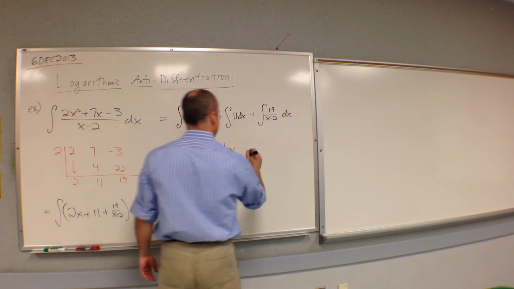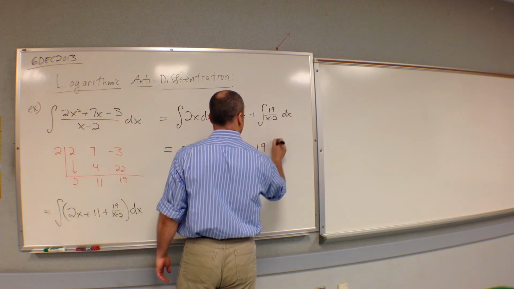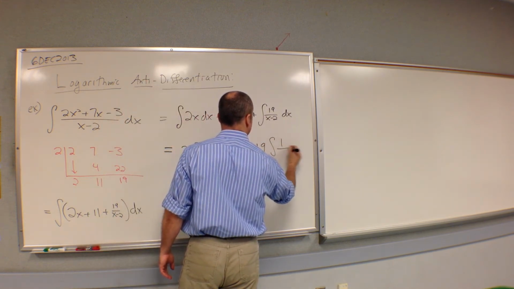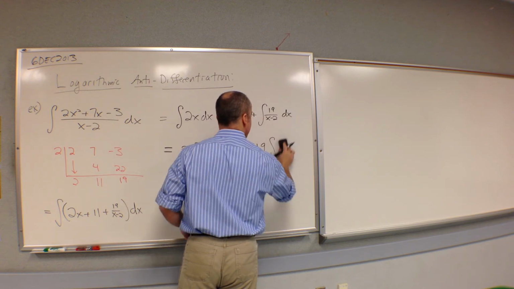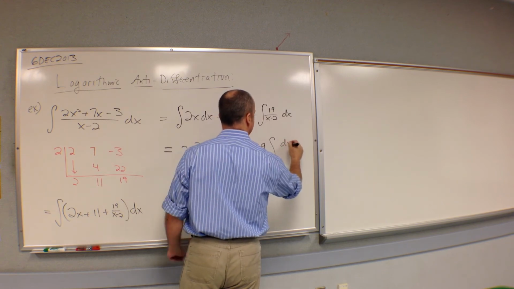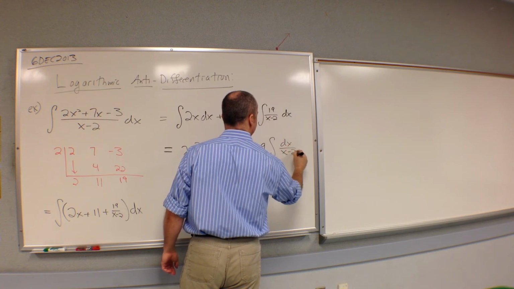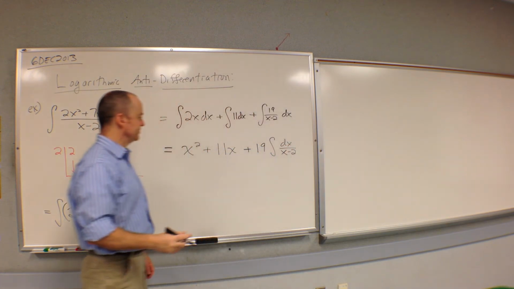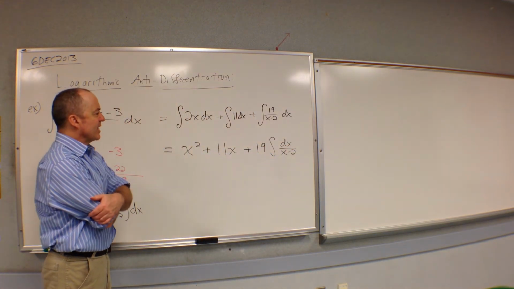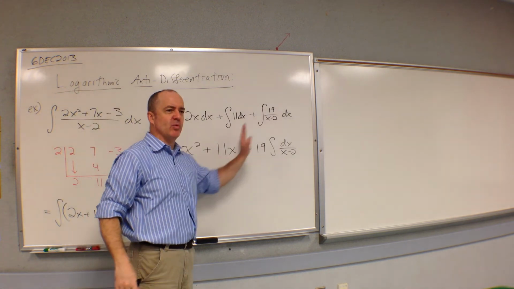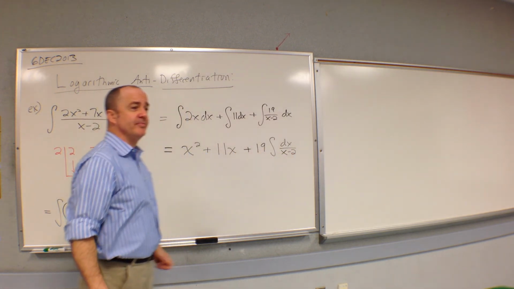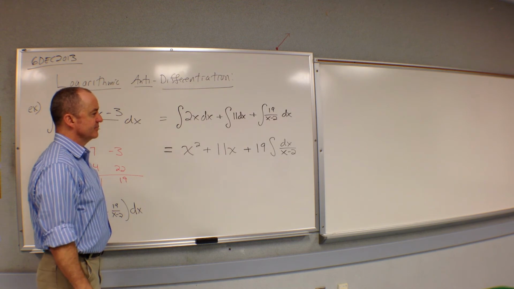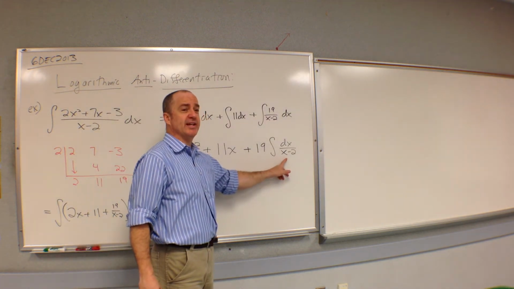All right, now I'm going to rewrite this last one a little bit differently. I'm going to pull the 19 out. Now I'm going to write this as dx over x minus 2. I haven't been writing the plus c's as I go along, so I'm just going to put one plus c at the end when I'm done. This is what we've been doing today.